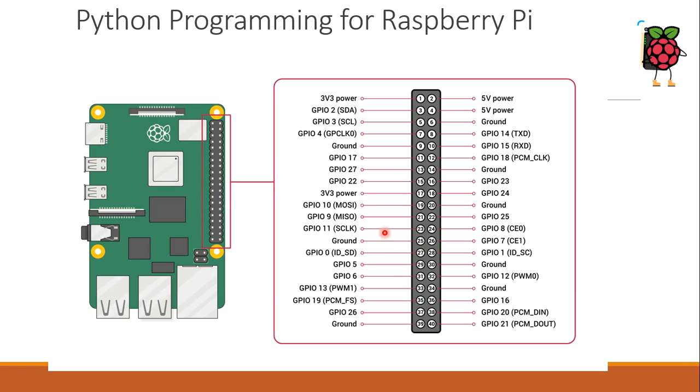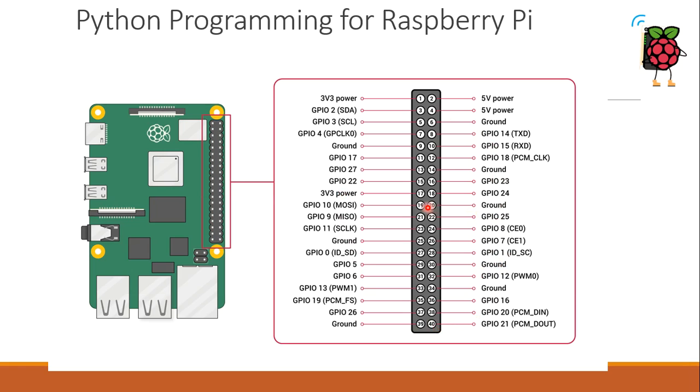So many things are available, so based on my application I can use certain pins. We can give a variety of power supply here, 3.3 volt, 5 volt, and there are many grounds. Other pins can be used for certain applications like connecting cameras, audio, and video.